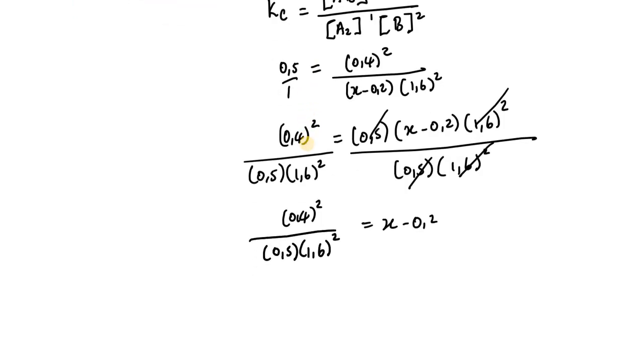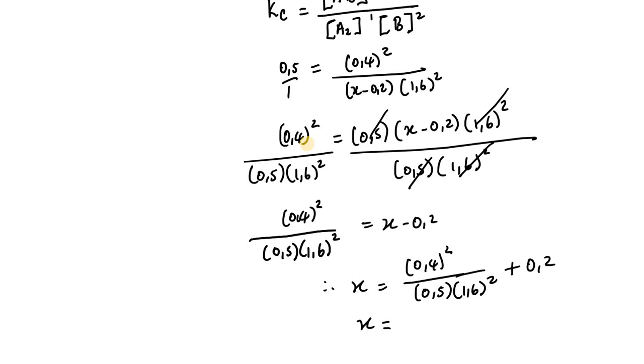Now you can simply say, therefore, x will be, you take the 0.2 to the right, you will have 0.4 all squared divided by 0.5 times 1.6 all squared plus 0.2. Then you go to your calculator at once. If you put it in your calculator, you get 0.33 moles.